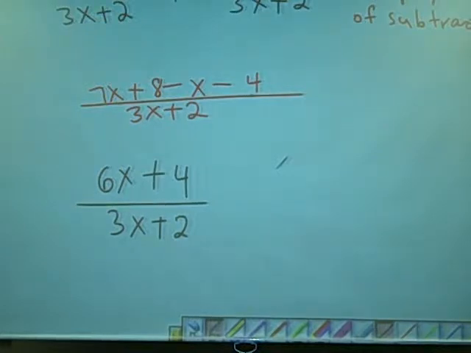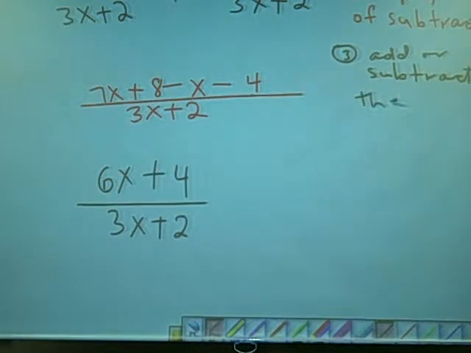Okay, so step 3, add or subtract the numerator.